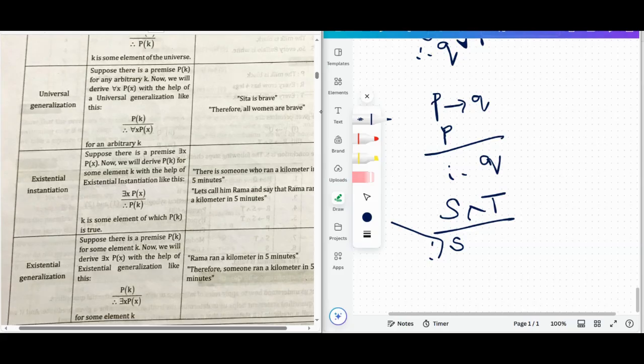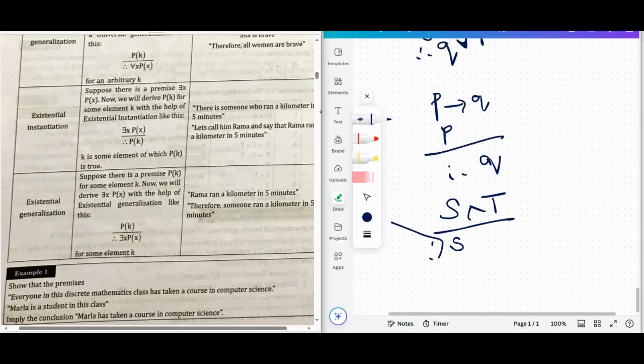Then you have existential instantiation, that is there exists x P(x) gives you P(k), meaning there is someone who runs a kilometer in 5 minutes. Let's call him Rama, and say Rama runs a kilometer in 5 minutes.